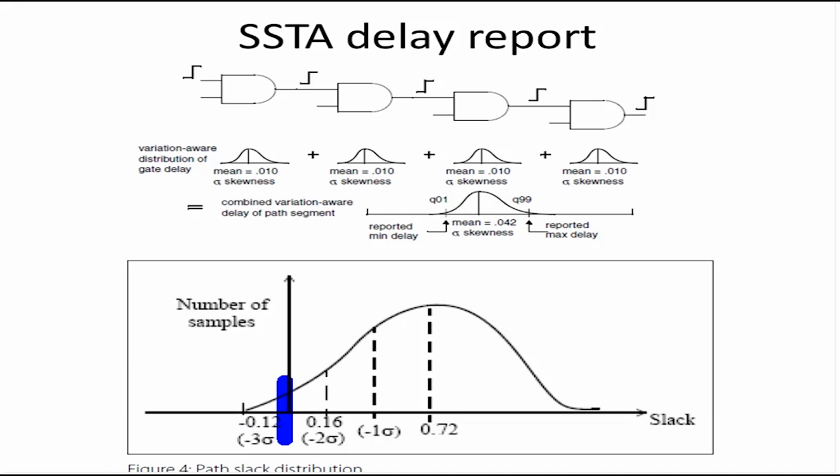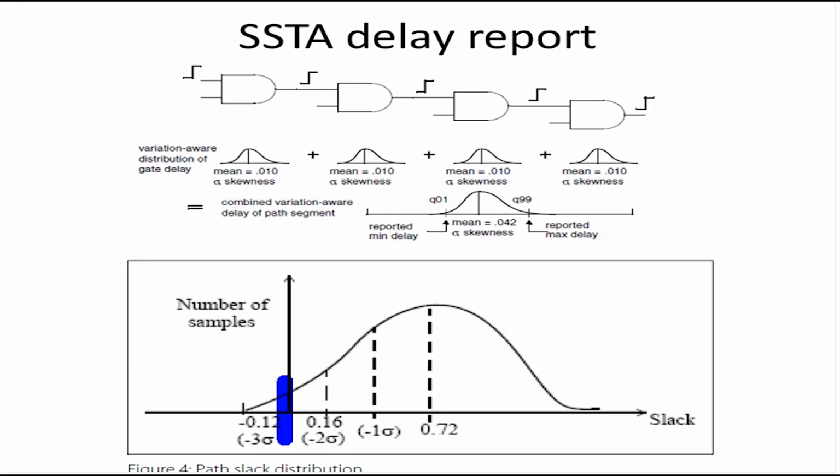If mean -3 sigma or mean +3 sigma, depending on whether it's a setup path or a hold path, violates, you can report timing up to 0 sigma, up to 1 sigma. So report timing 0 sigma means you get only the mean value. You can report timing +3 sigma for the setup case. You can report timing -3 sigma for the hold case, for example. So this is how things are done in SSTA, statistical timing. So with the increased number of, what is the need?